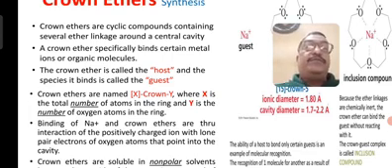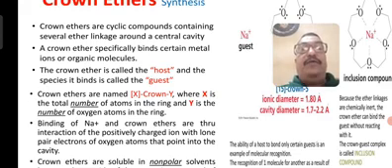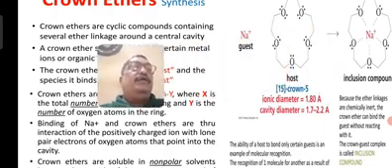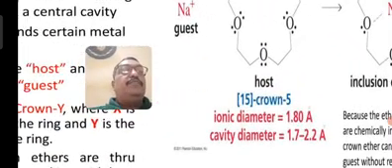Binding of Na+ and crown ethers is through interaction of a positively charged ion with a lone pair of electrons present on the oxygen atom. Crown ethers are soluble in non-polar solvents. Now you can see this in an example.